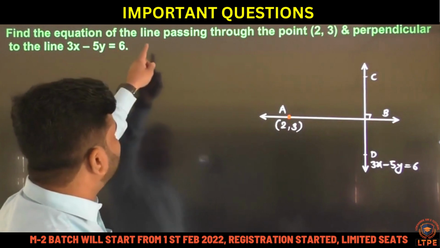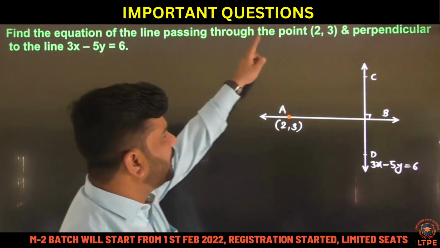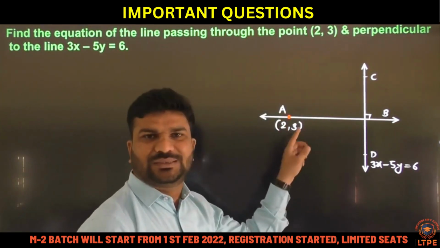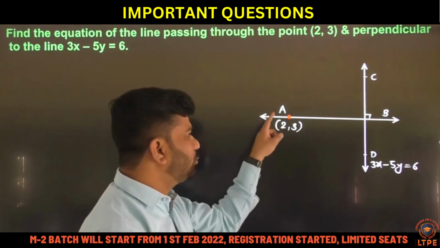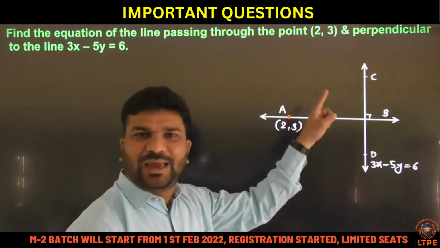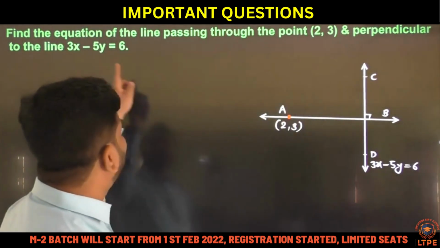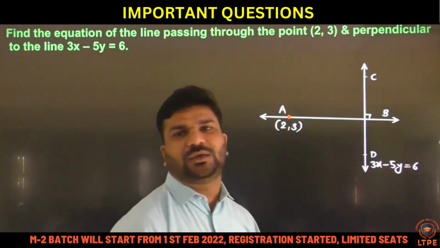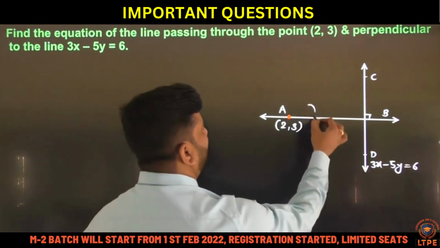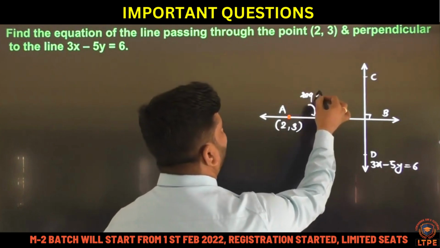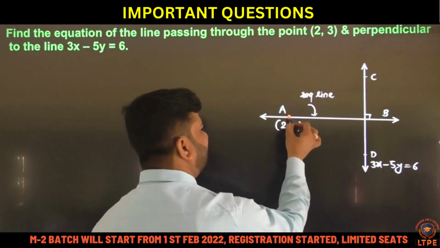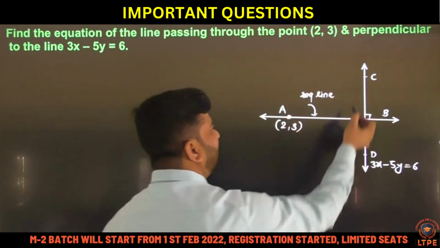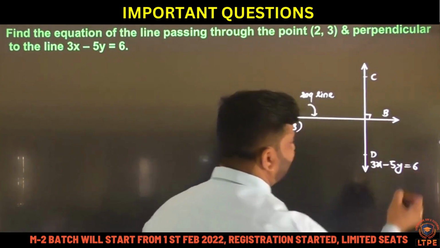Find the equation of a straight line passing through the point (2, 3) and perpendicular to the line 3x minus 5y equals 6. So this is our required line.